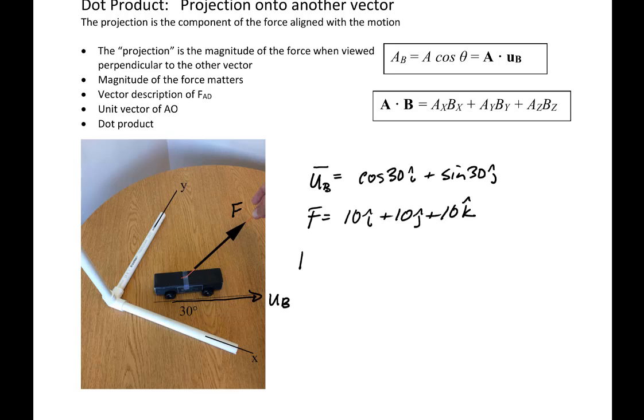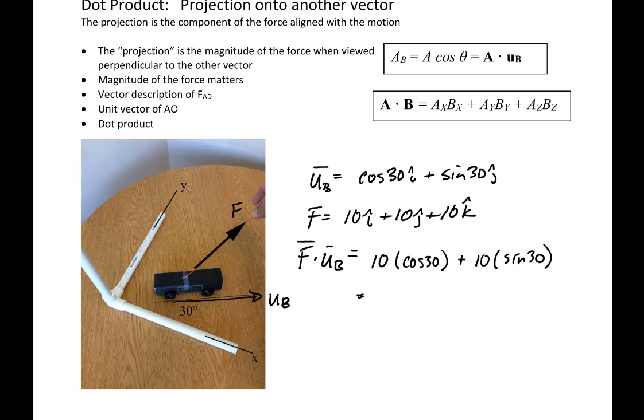So F dot the unit vector of B is going to be equal to 10 in the I direction times the I component, cos 30, plus 10 in the J direction times the sine of 30. And there is no K component of the unit vector, so we don't have to worry about that one.